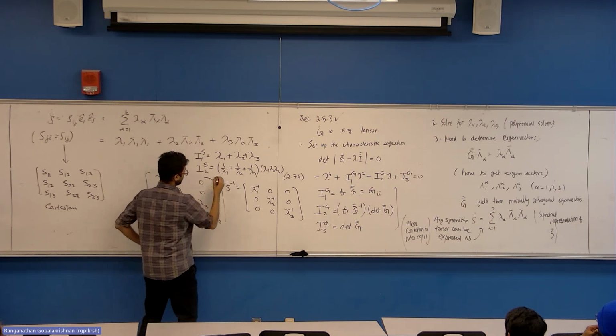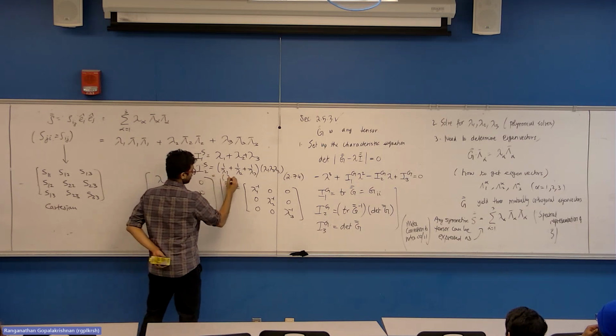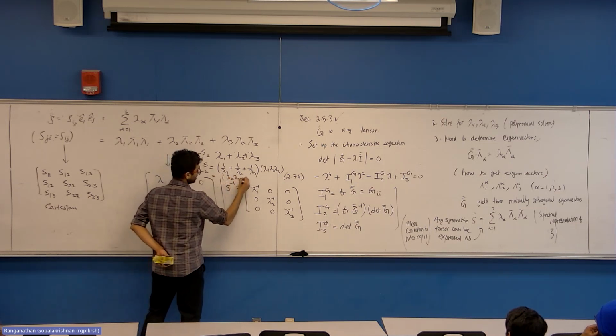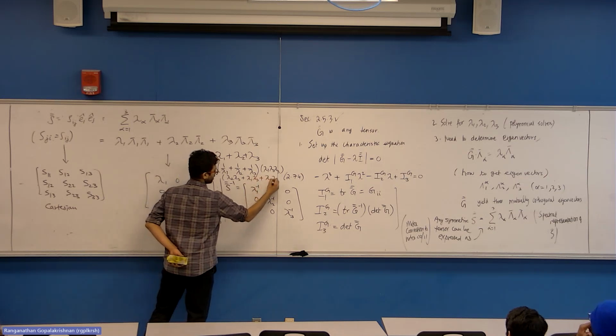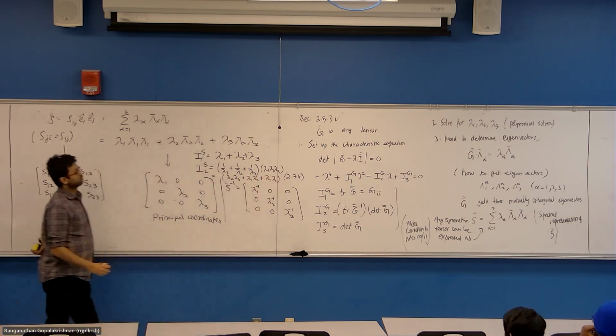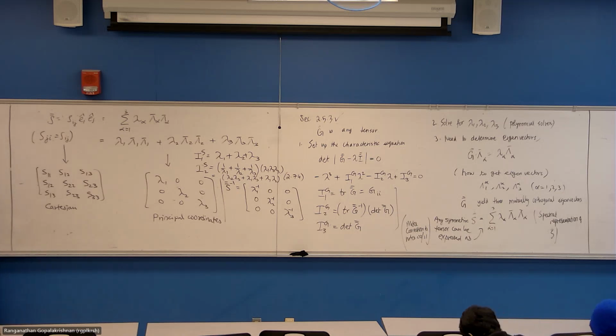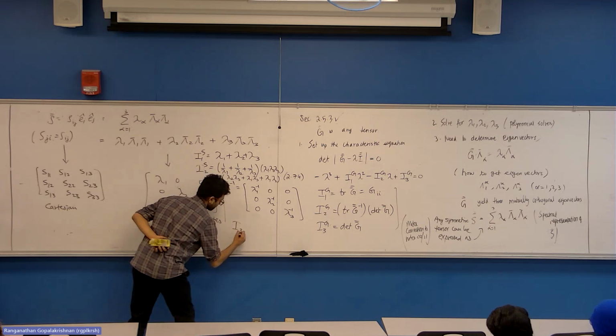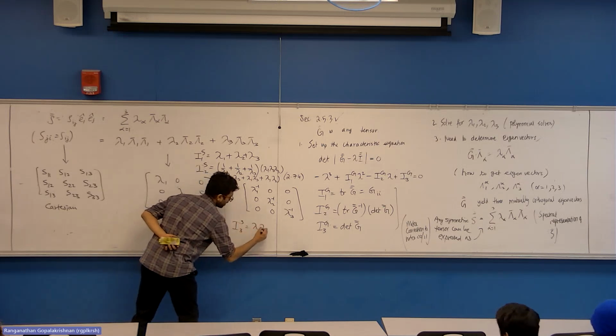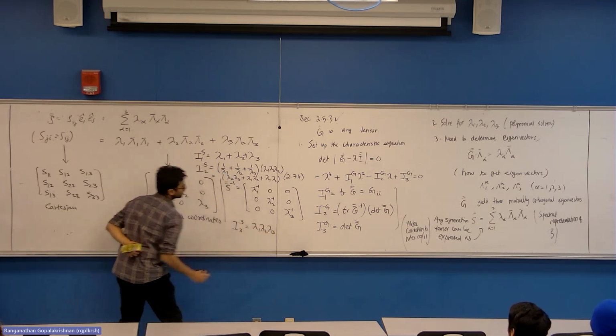So you can write this as lambda 2 lambda 3 plus lambda 1 lambda 3 plus lambda 1 lambda 2. And I3 is nothing but lambda 1 lambda 2 lambda 3, the determinant.